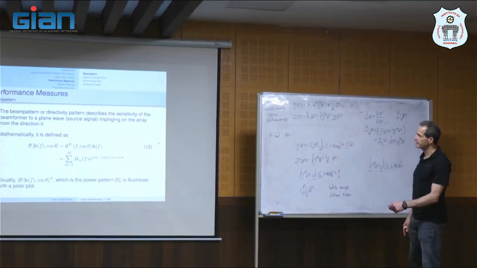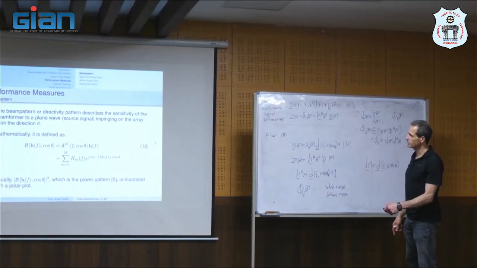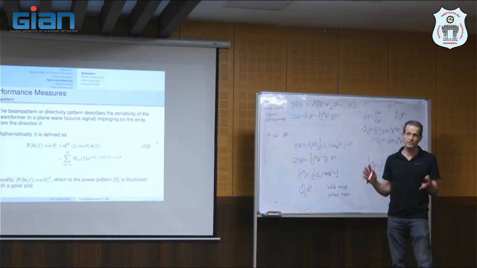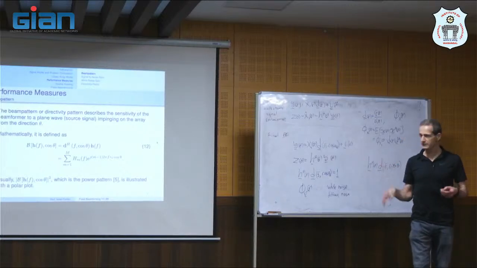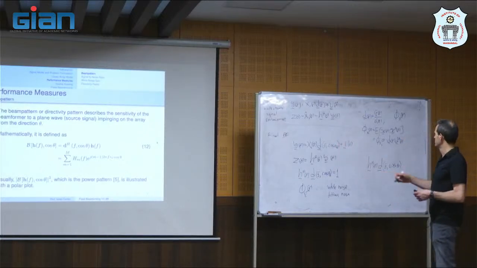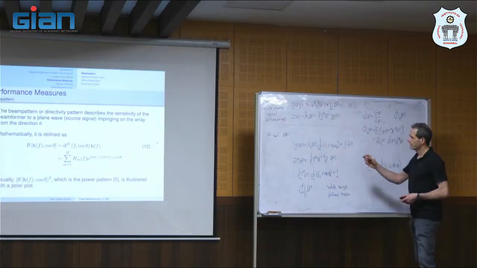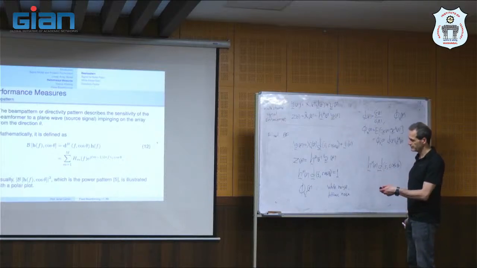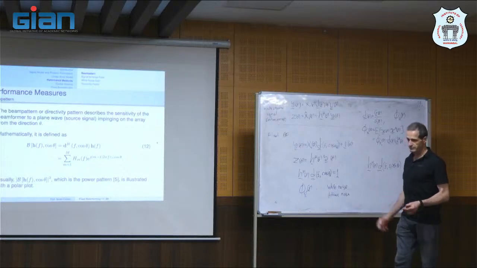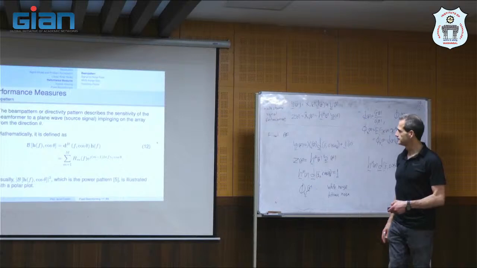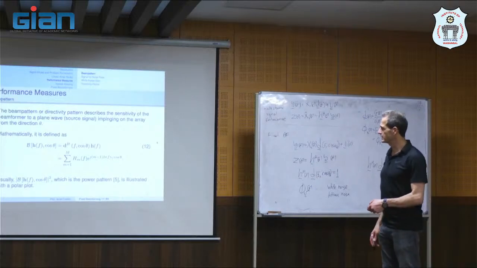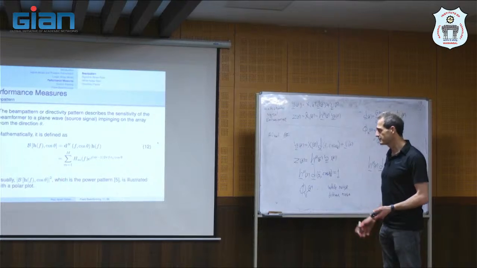Sometimes they take the adjoint, the complex conjugate of this. As long as you define it and you understand, it's fine. So here the beam pattern is defined as d^H H. As long as you define it. But usually what we care about is the power pattern, and we call this the beam pattern. It's also fine.